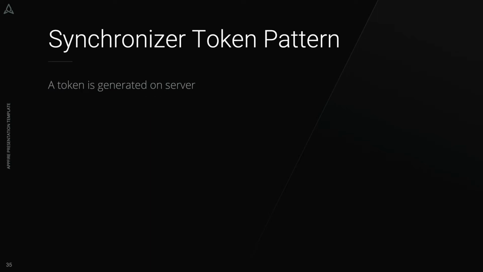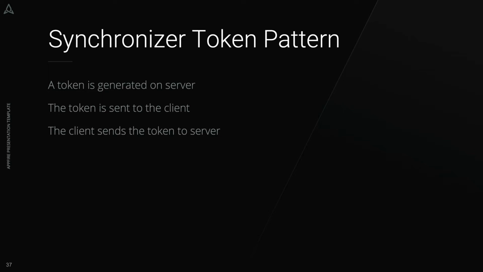The synchronizer token pattern consists of four main actions. The first one, you need to generate a token on the server. Then you need to send this token to the client, to the form which the client uses. Somehow it must be there.